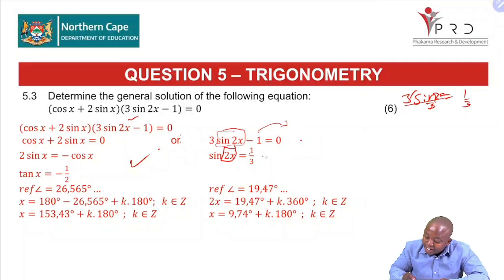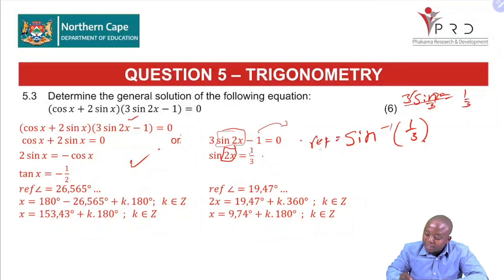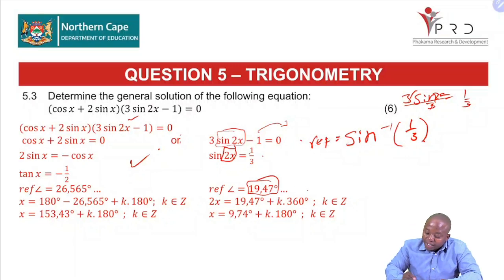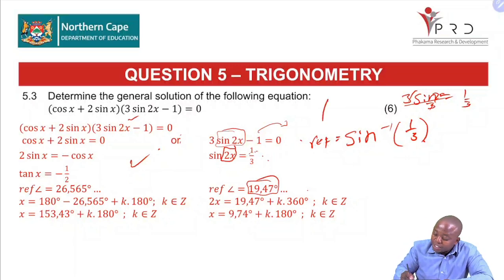To find the reference angle here, we'll say sine inverse of 1 over 3. That is our reference, which is 19.47 right there. Remember this sign, we are saying where sine is positive. Where sine is positive, we have two solutions that we can utilize. Sine is positive on the first and the second quadrant.